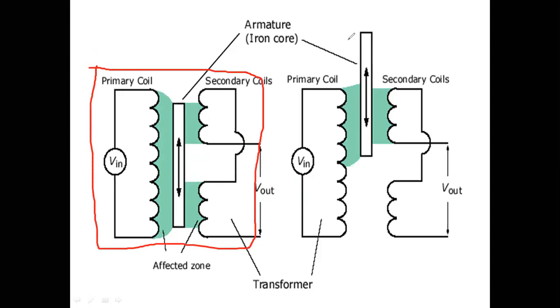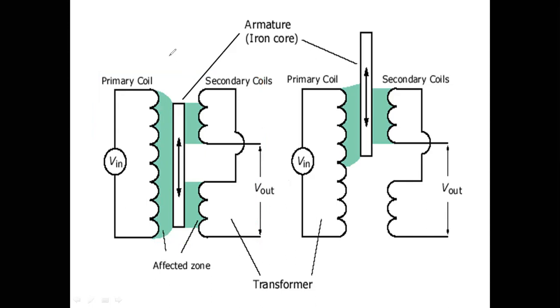Because due to vibrations, a resonance effect will occur such that even though I'm not applying any input here, the core tends to vibrate like this, and if the core vibrates, then output will be induced. So these are the two phenomena where I get output even though I don't give any input.